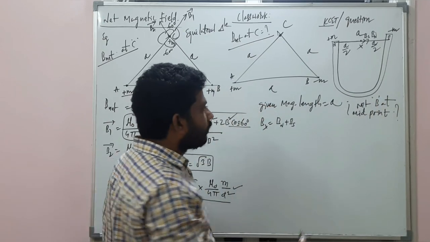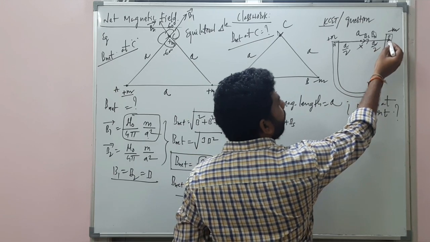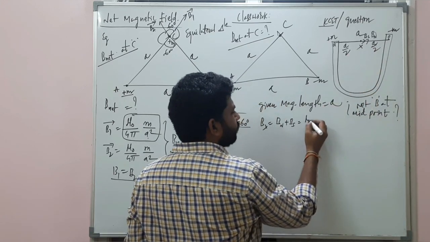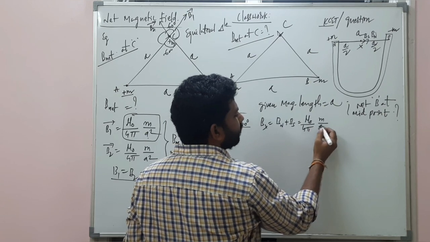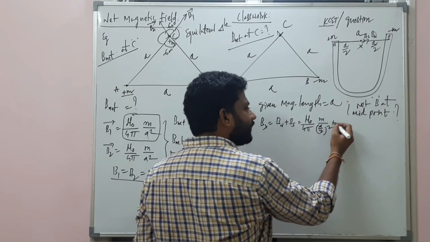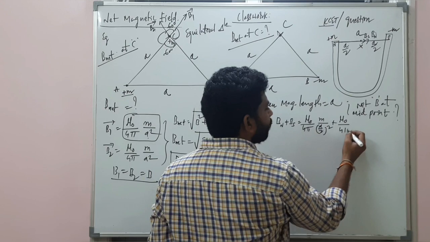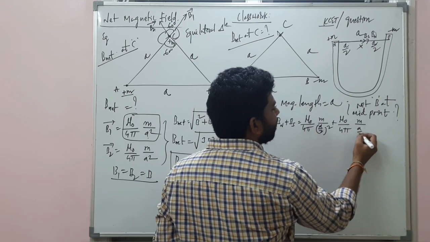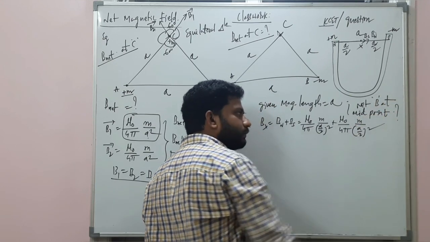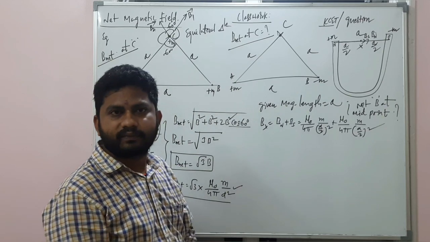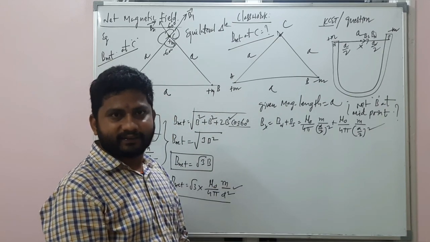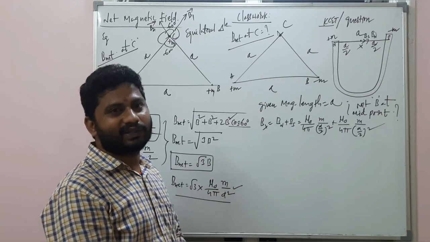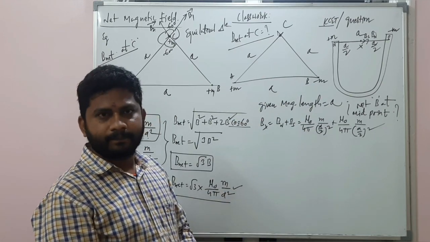Here also, mu naught by 4 pi into m by (a by 2) whole square, plus mu naught by 4 pi into m by (a by 2) whole square. Clear? You just solve this, you will get the answer. So this was the previous KCET question. It's so simple, right?